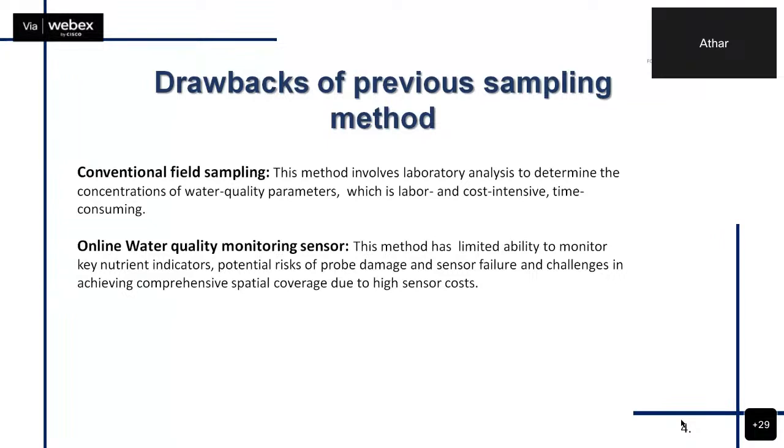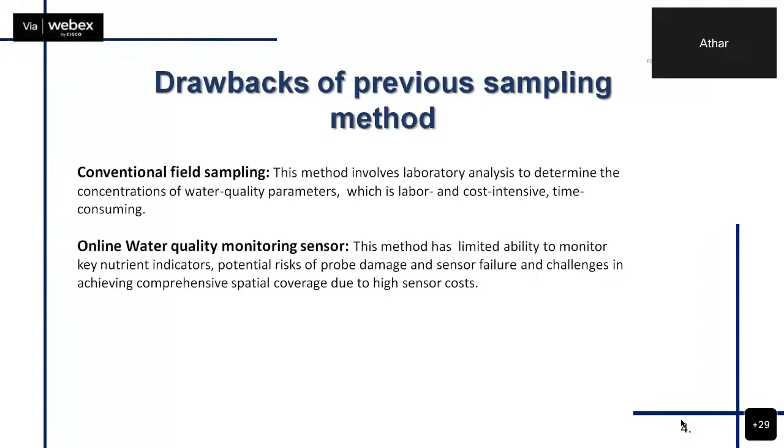It also takes time because samples need to be collected, then transported to the lab and analyzed, which makes the sampling infrequent. This method may not fully capture the dynamics of the nutrients over time and across different areas. It also can be difficult to cover large or remote areas effectively.